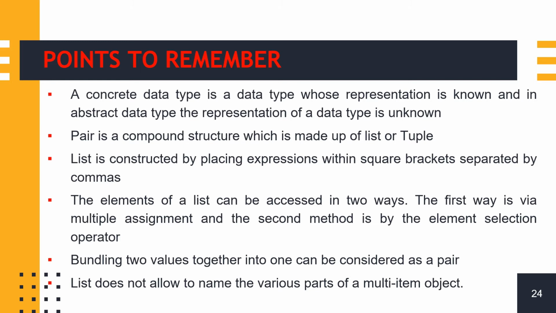The elements of a list can be accessed in two ways. The first way is via multiple assignment, and the second method is by the element selection operator. Bundling two values together into one can be considered a pair. A list does not allow naming the various parts of a multi-item object.